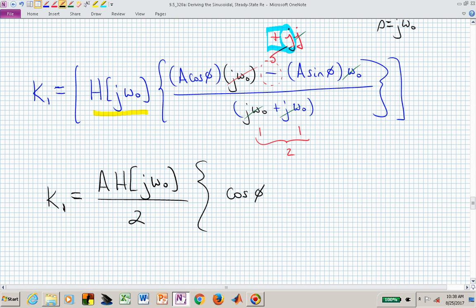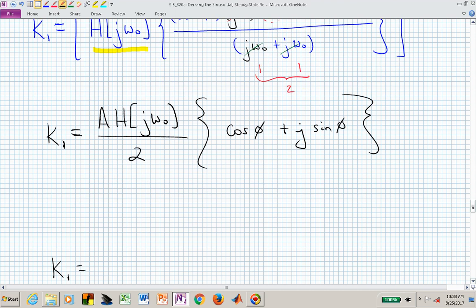And the second term, we have a plus j, we factored out the capital A, we have a plus j sine of phi. And now that should look very familiar. That's rule number 1. From Euler, we know this is now e to the j phi. I think I called that rule number 1. So there's rule number 1.